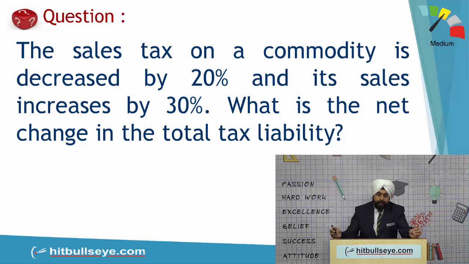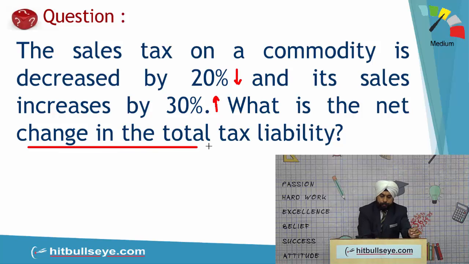Now here in this question, the sales tax on a commodity is decreased by 20%. So it's a decrease, and its sales increases by 30%, and we have to find the net change in the total tax liability. Let's apply it the same way.